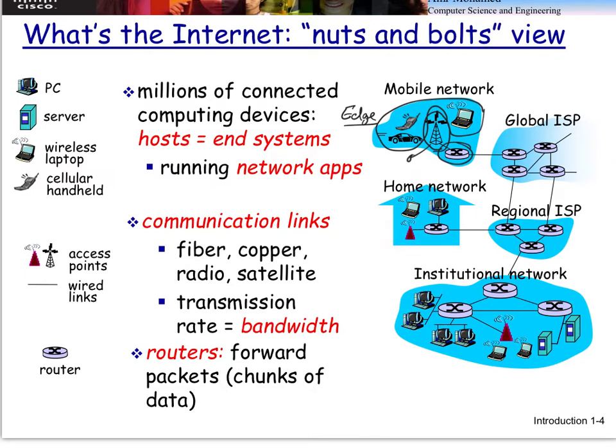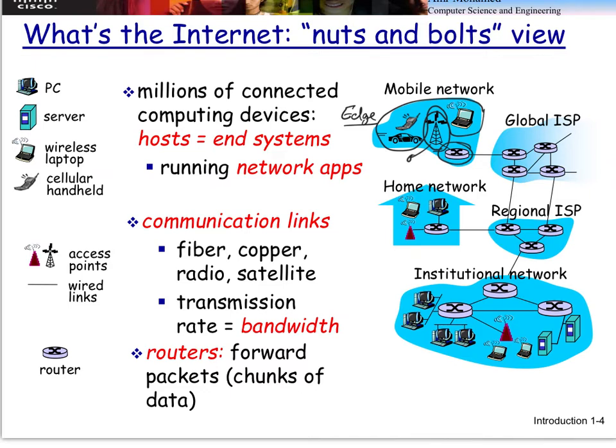So the termination of any LAN is a router port. Once you see this router port, this means that this whole thing is one LAN. And the internet, of course, is an interconnection of all these LANs and WANs.